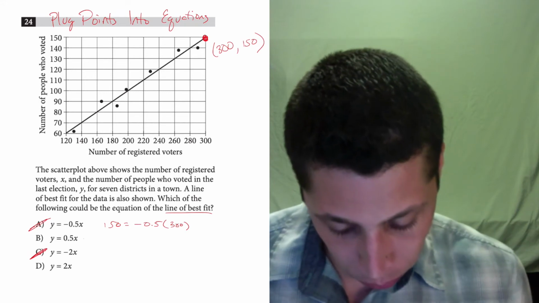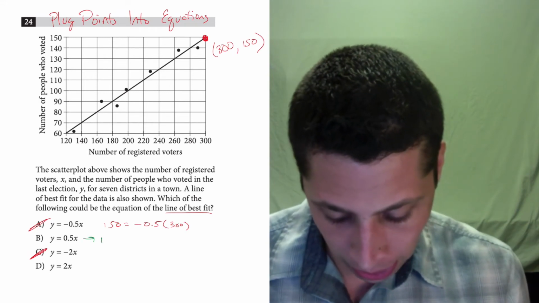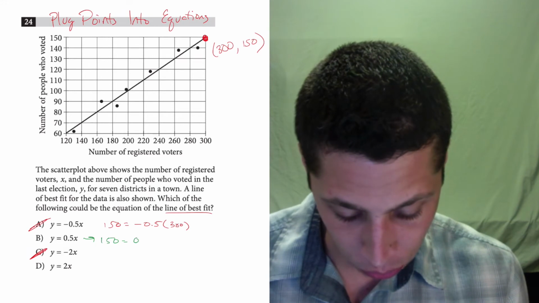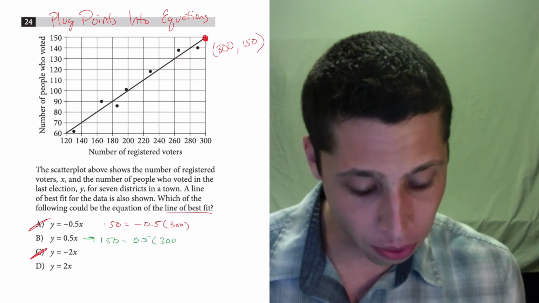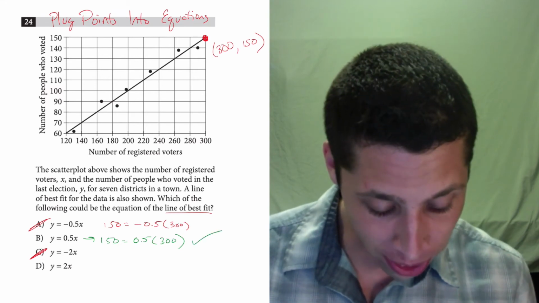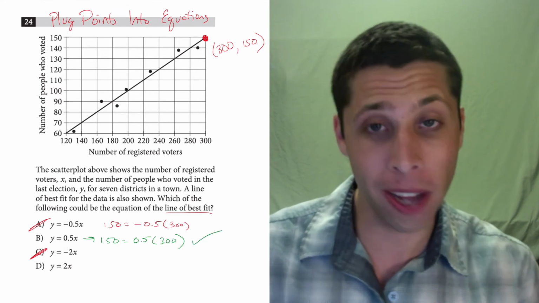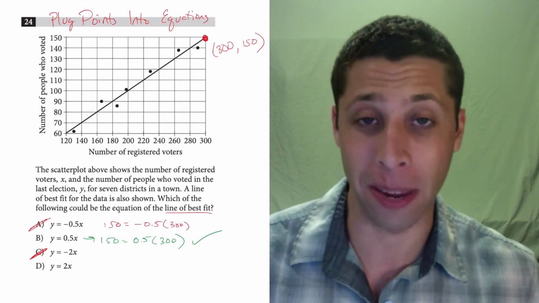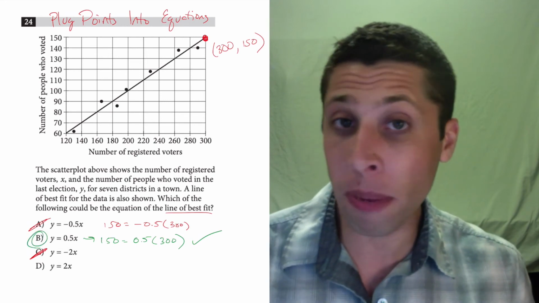But if we do it for choice B, we're going to have 150 is equal to 0.5 times 300. I don't need a calculator to know that 150 is indeed 1/2 of 300. If you want, put it in your calculator, you'll see the same thing. So that's looking really good for B.